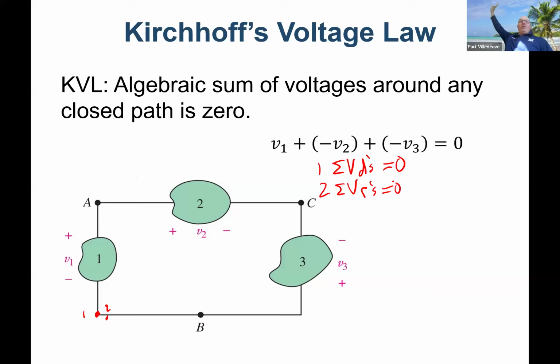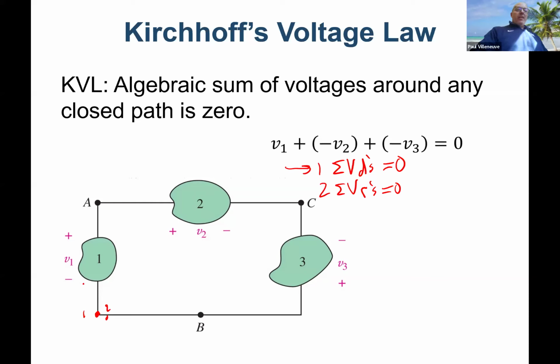So how many here use item number 1? Who uses item number 2? Who's not sure? If you were an EET student, it's fairly confident that you did the sum of the voltage drops.